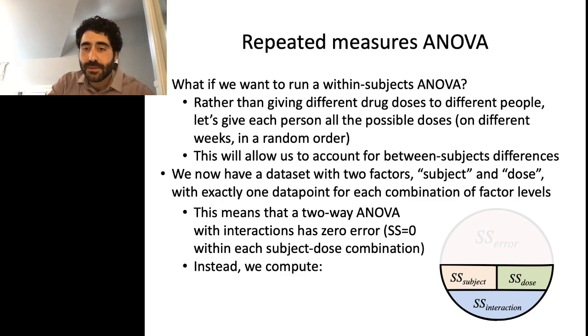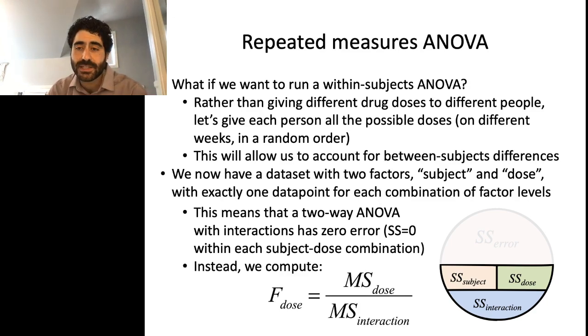The way we compute an F ratio here is that we look at the variation in the data that's related to the dose divided by the variation related to the interaction term, right? So we're dividing this green thing by this blue thing here. In a regular 2-way ANOVA, we would be dividing any of these 3 things by the SS error term. Here, the denominator is now this different thing, the mean squares interaction.